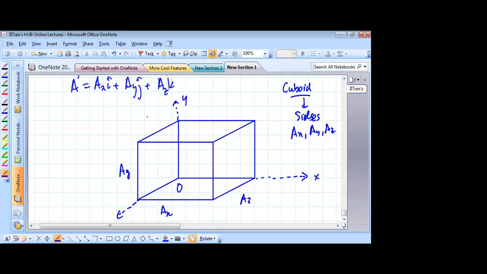So then in this diagram, what would be the vector ax i cap? The vector ax i cap would be this one. This vector along the x-axis from the origin. This would be our ax i cap. Similarly, what would be the vector ay j cap? That would be this one.